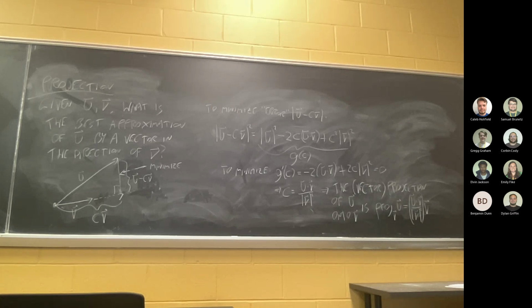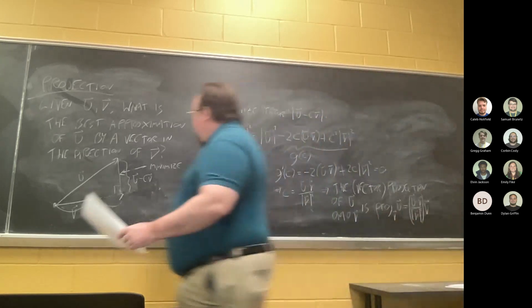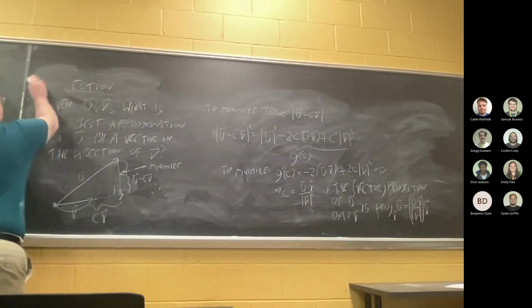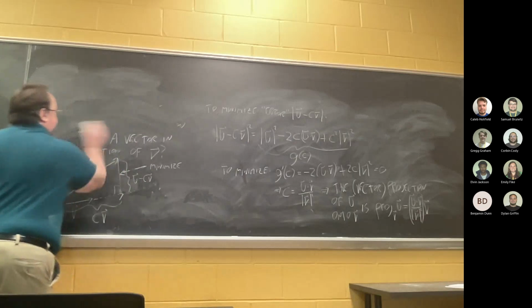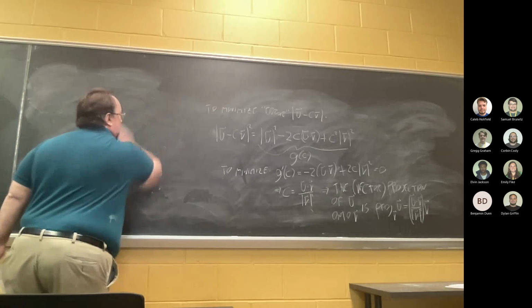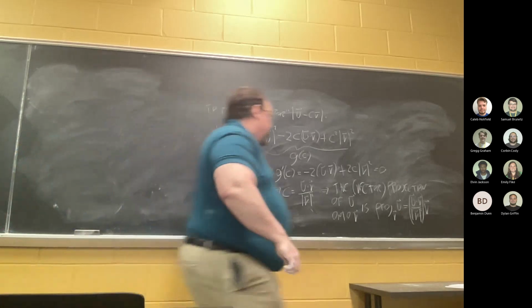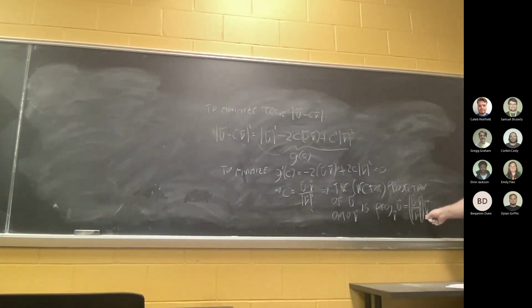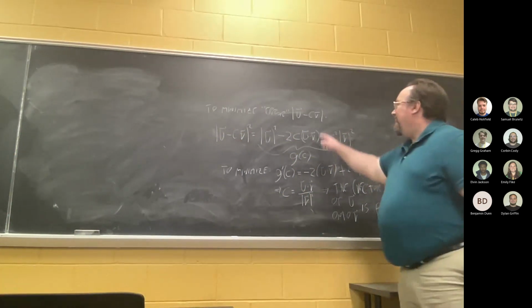Yes, I can do an example on that right now. Where did this last v come from? Oh, this? Oh, sorry, I just erased it. Okay, no, it's right here.